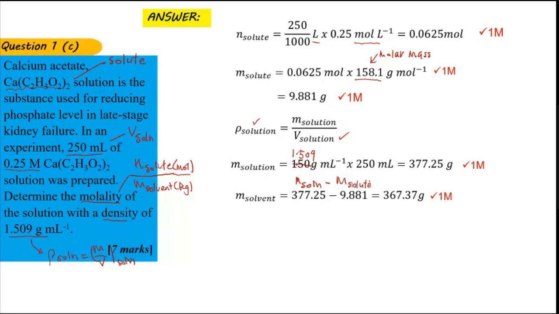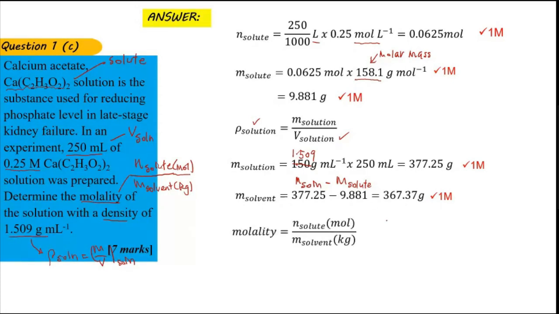Okay, so you will get mass of solvent. Because in any solution, mass of solute plus mass of solvent is mass of solution. So since you know mass of solution and mass of solute, just subtract and you get mass of solvent. So this mass of solvent is in gram. And for molality formula, you need to convert to kilogram. So just divide by 1000.